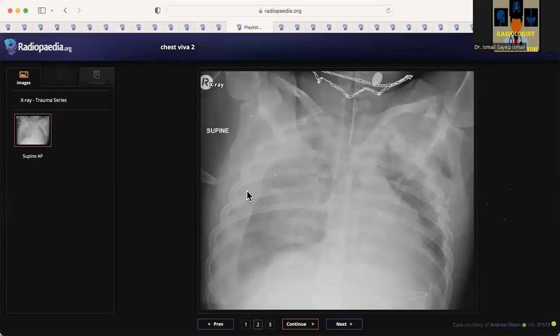I can also note some fractures of the left lower ribs. The remaining bones, I don't see any clavicular fractures or fractures of the scapula or the proximal humeri. There might be surgical emphysema on the left side.